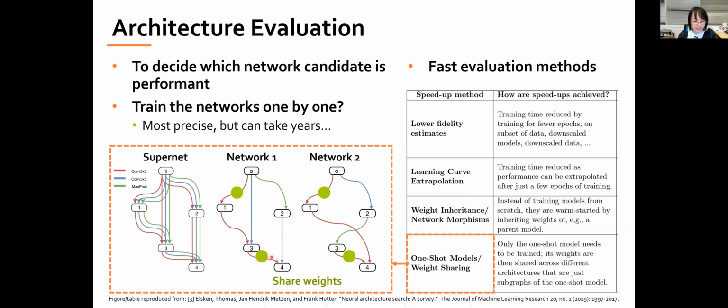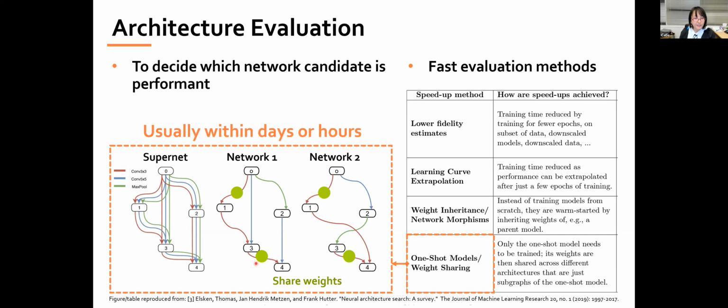And from this edge to this edge and this edge, if they overlap, they are also sharing the weights. So this is the basic concept of weight sharing. And this is very efficient, usually within days or hours. So weight sharing is apparently a good candidate for us to use for efficient co-design.